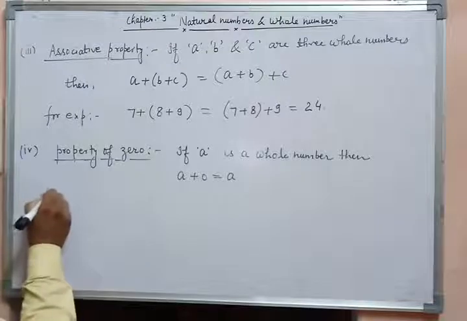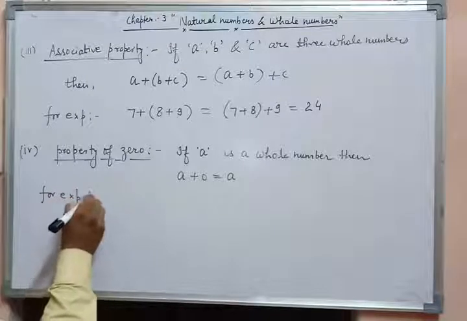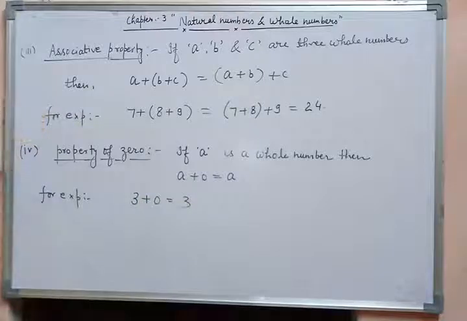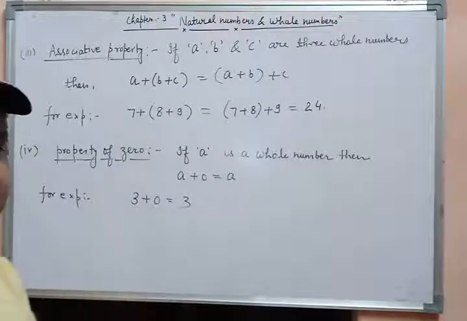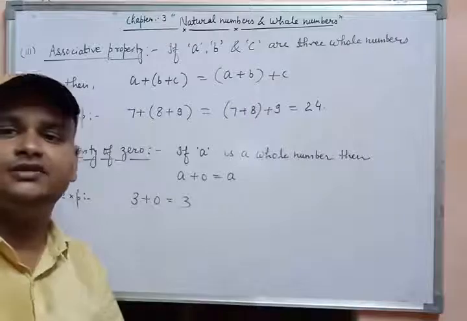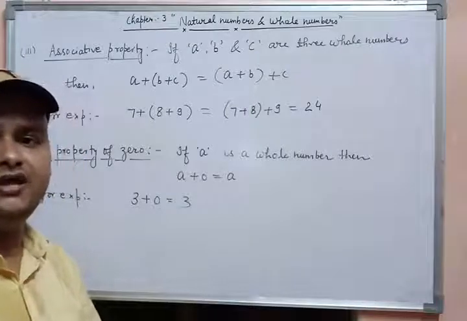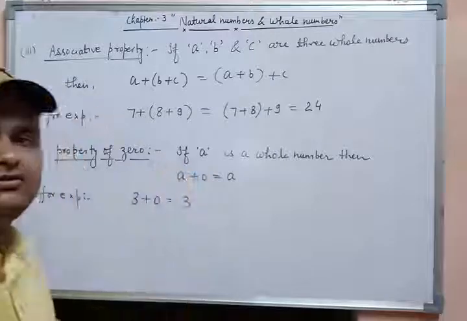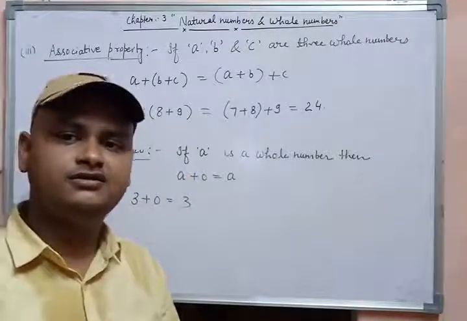For example, 3 plus 0 is equal to 3. Okay. So this is the property of 0. It means this property says that if we add 0 to any whole number, then we will get the same result.